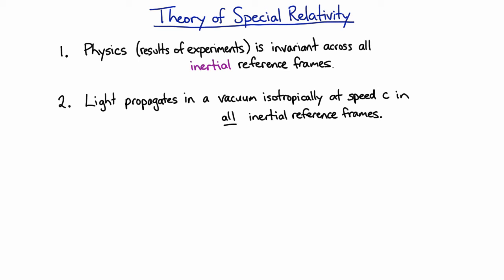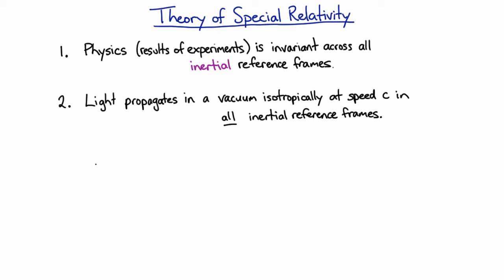In other words, he's saying that Maxwell's equations as written down aren't with respect to some kind of ether, they're with respect to any coordinates. And because one set of coordinates is just as good as any other set of coordinates, it must be true for all sets of coordinates. Now, if that's true, then we'd have to change our understanding of how space and time coordinates between different inertial frames are related. All of that is up for grabs now. And so let's take these postulates and look at their implications.